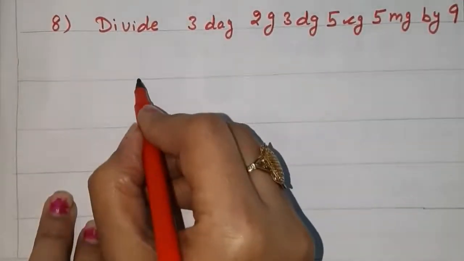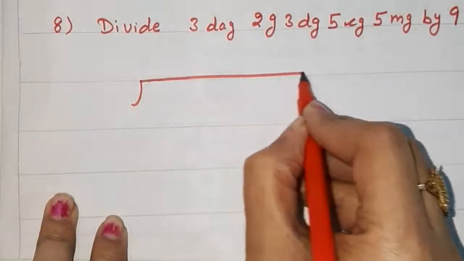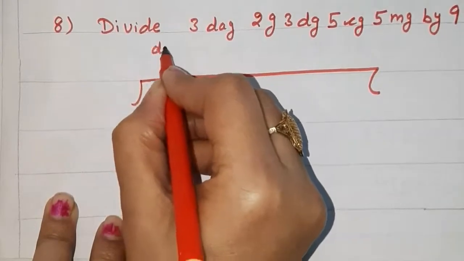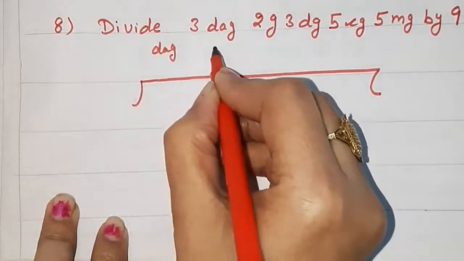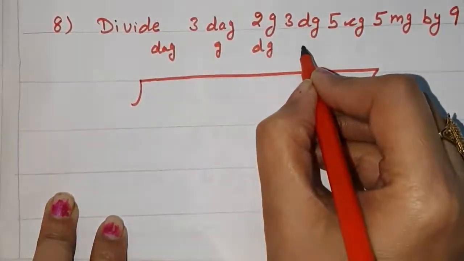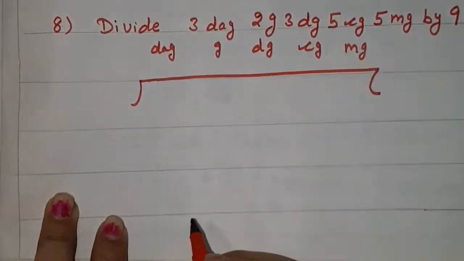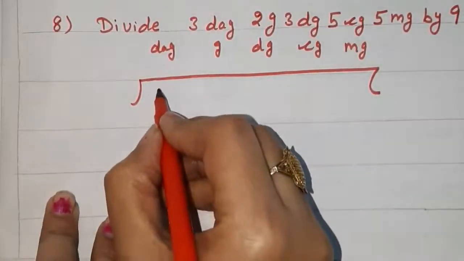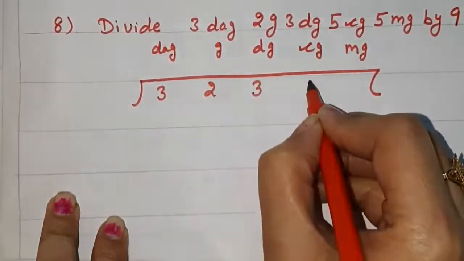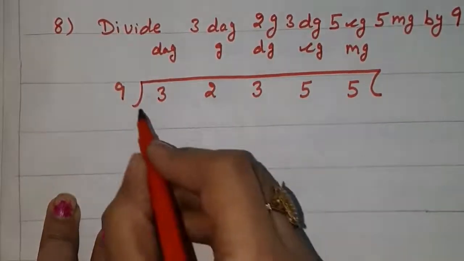Now put division sign. Write your decagram, gram, decigram, centigram and milligram. 3 decagram, 2 gram, 3 decigram, 5 centigram, 5 milligram divided by 9.